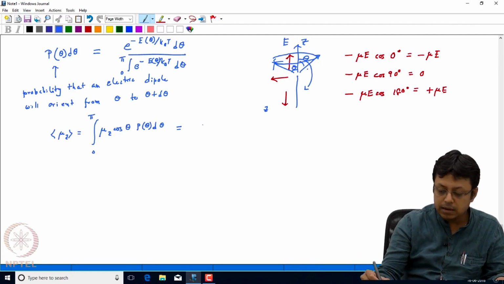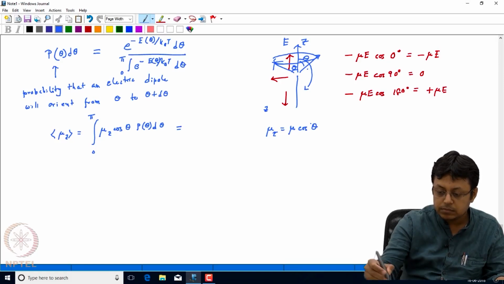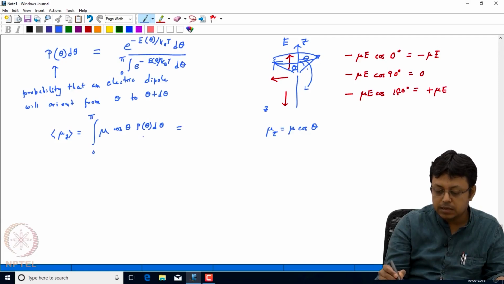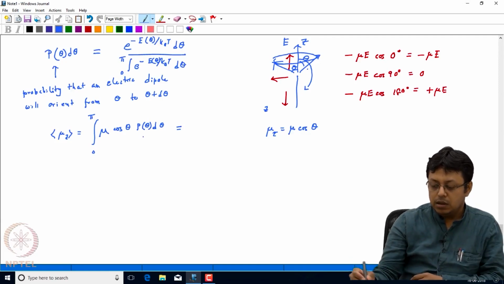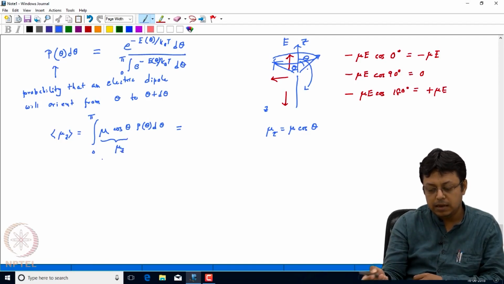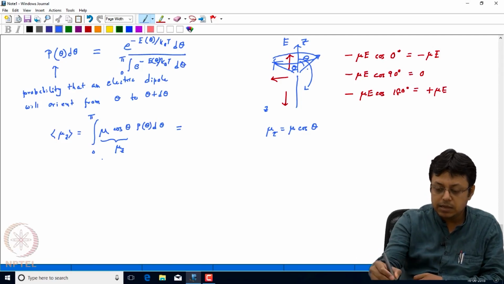Now the mu z is actually mu cosine theta. So we just skipped one step here, so let me write it as mu cosine theta. It is basically the mu z itself. So you take mu z, p d theta, and then integrate, which means you take mu cosine theta and integrate.